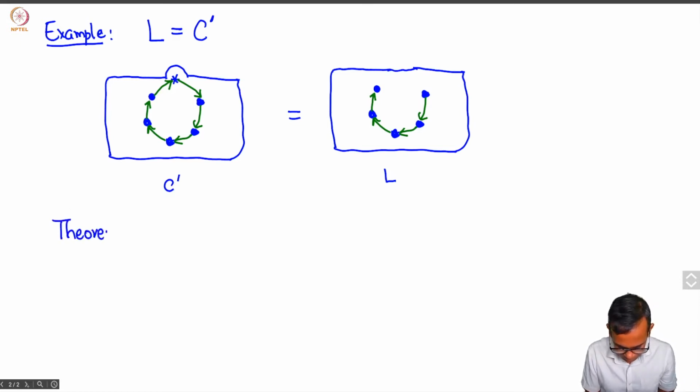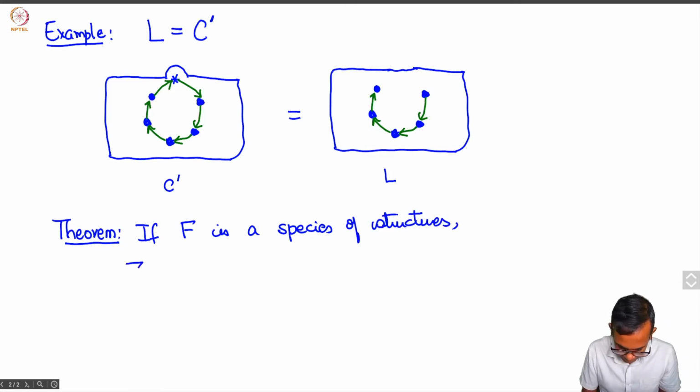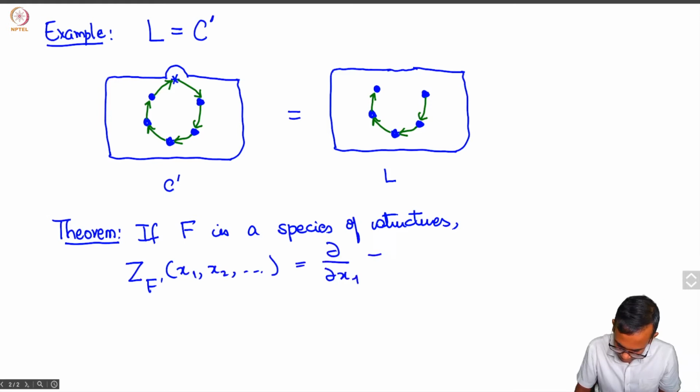So it's quite simple. So I guess the main thing is to figure out what happens to the cycle index generating function, and everything follows from that. So if f is a species of structure, then the cycle index of f prime, Z_F' of x1, x2, and so on, is del x1 of Z_F of x1, x2, and so on.